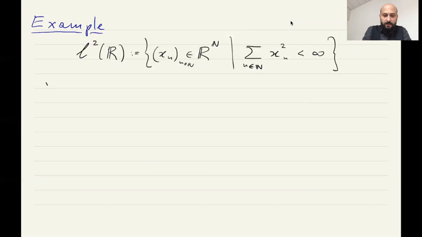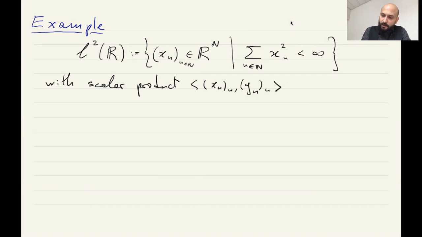This space is endowed with the scalar product: given two sequences xn and yn, the scalar product is the sum of xn yn. Right? So as you see, this is just saying that the norm is finite for these elements.